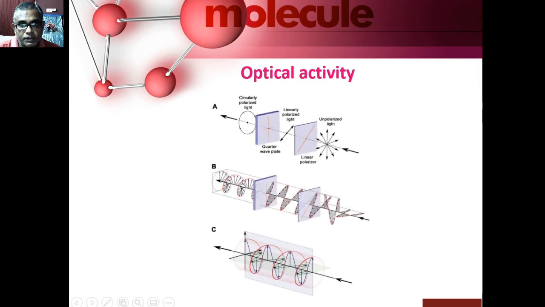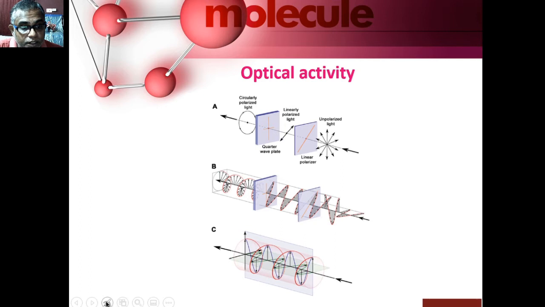Let us take this example. So you can see we have an ordinary light. As I told you, light is an electromagnetic radiation. But what is an ordinary light? An ordinary light will have its direction of vibration or direction of propagation in all directions, you can see.